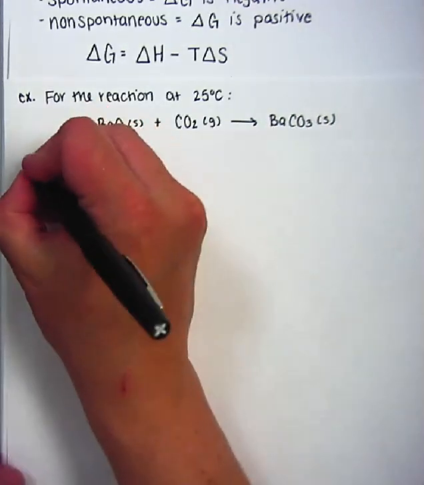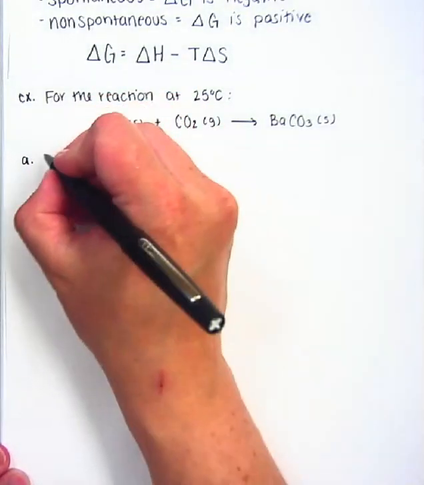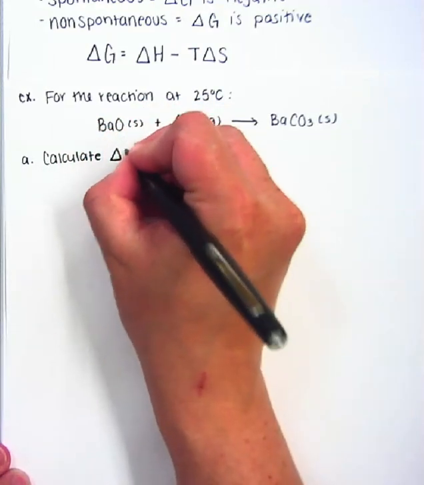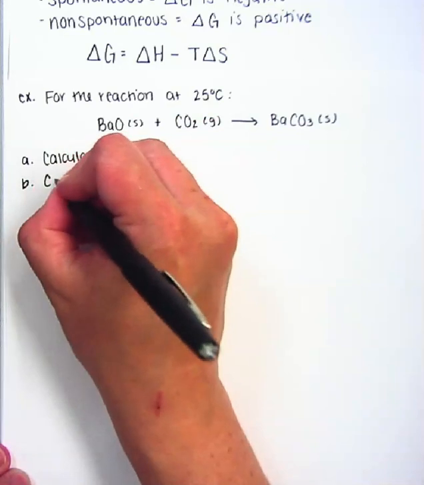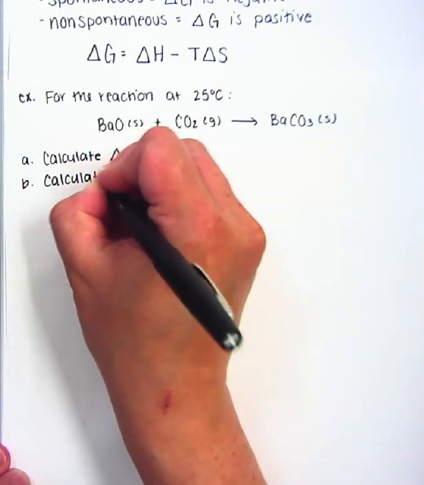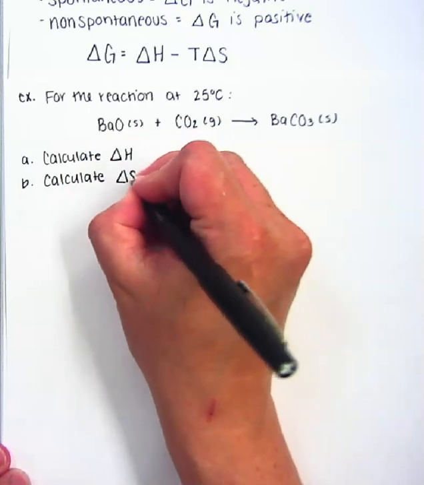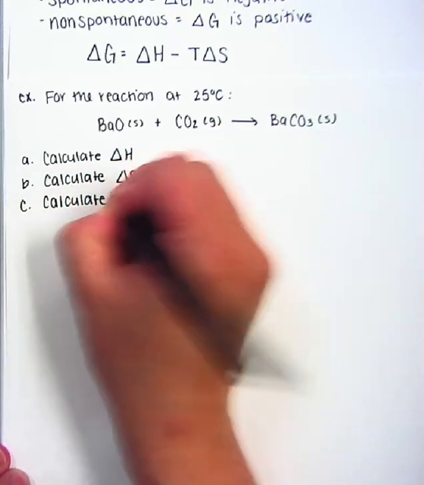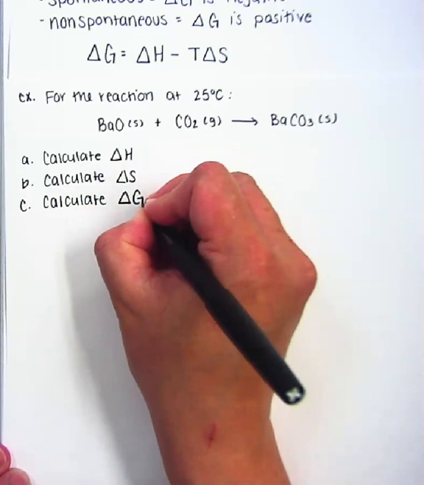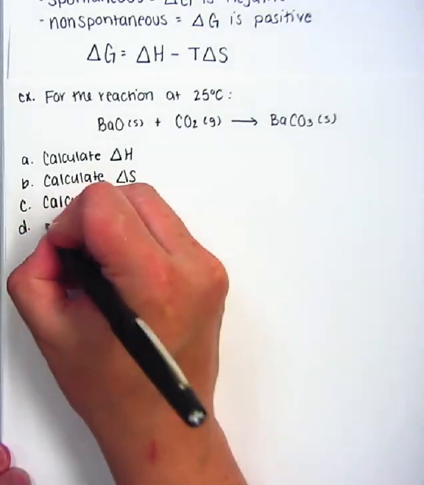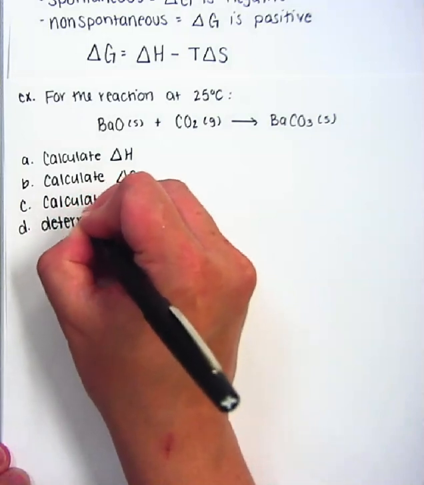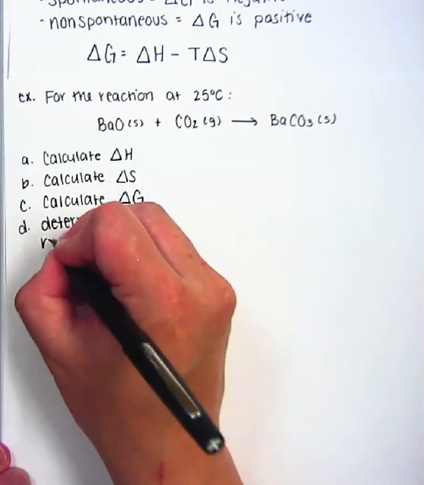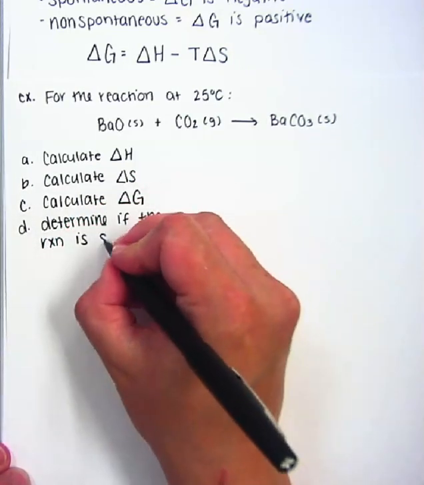4 questions you're going to answer, and I'm going to give you a data table so we can answer them. First, A, calculate enthalpy. B, calculate entropy. C, calculate Gibbs free energy. D, determine if the reaction is spontaneous.